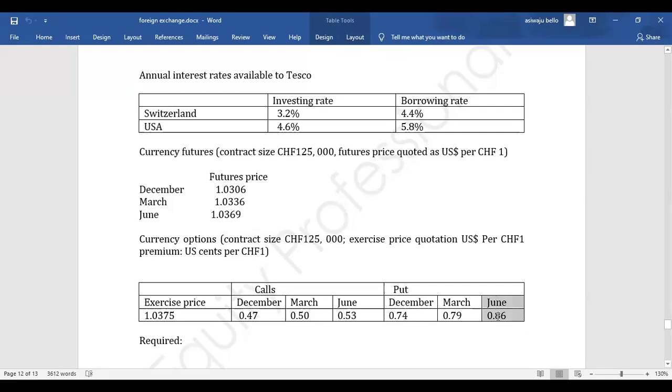This is the exercise price, 1.0375, and this is the premium element. Look at the premium. The premium is given in US cents per CHF. So if you go to our working, the premium.